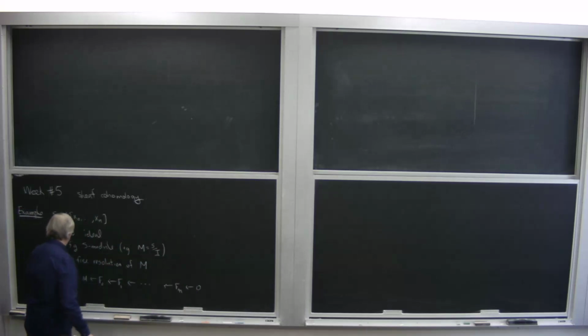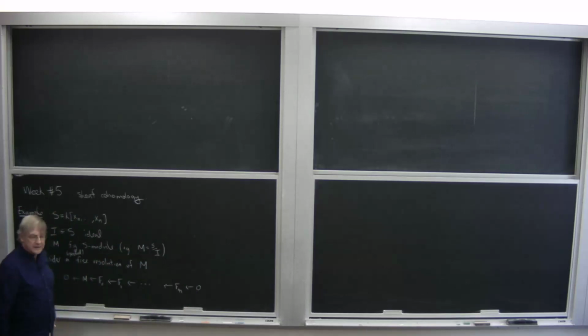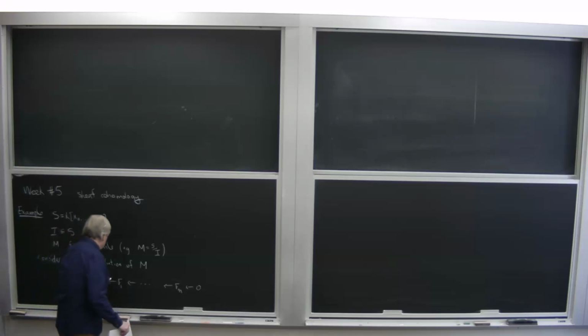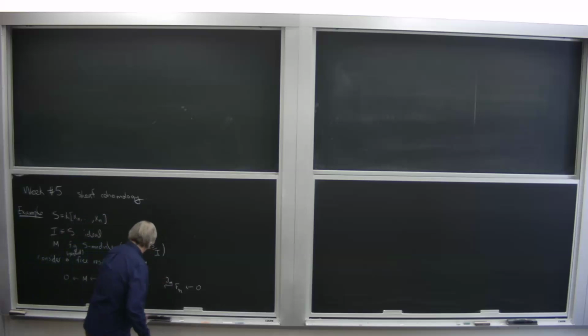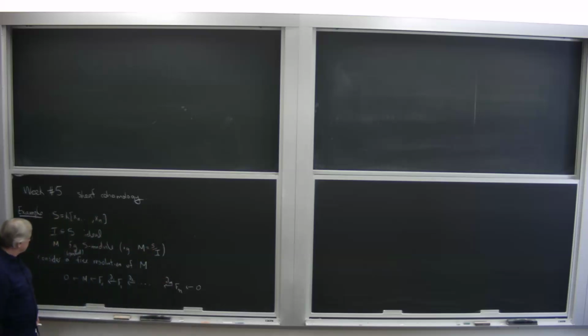And if it is homogeneous, I'll always take it to be graded. So let's call these maps delta 1, delta 2, up to delta M. So that's a free resolution.